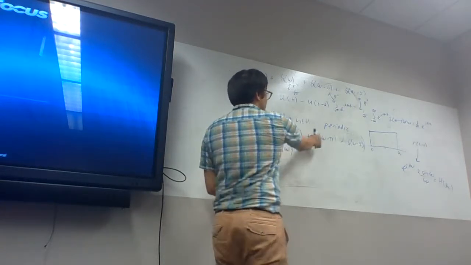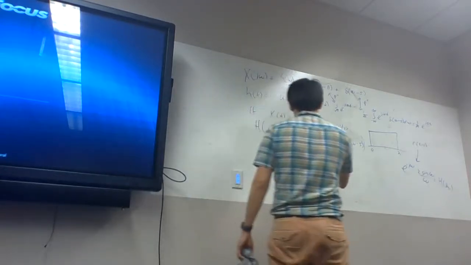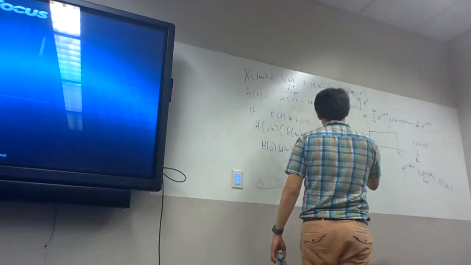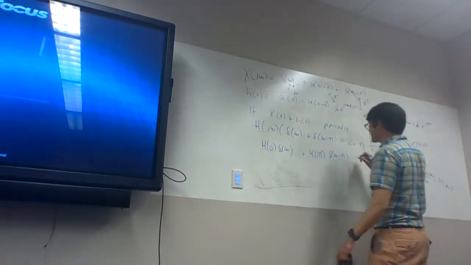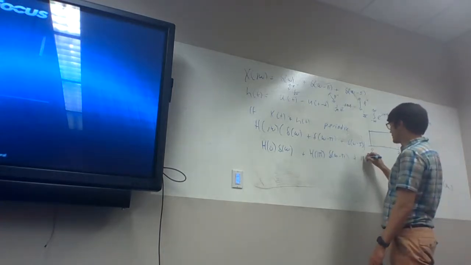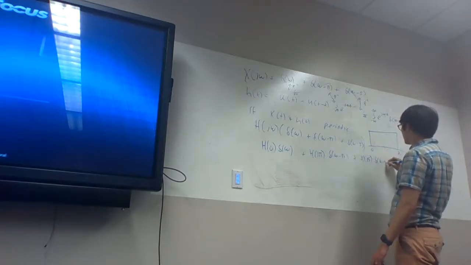And when I multiply by this, what's the only value of omega that matters? Pi. It's h of pi times delta omega minus pi. H of j pi, and then here, same thing, only at 5: h of j 5 times delta omega minus 5.